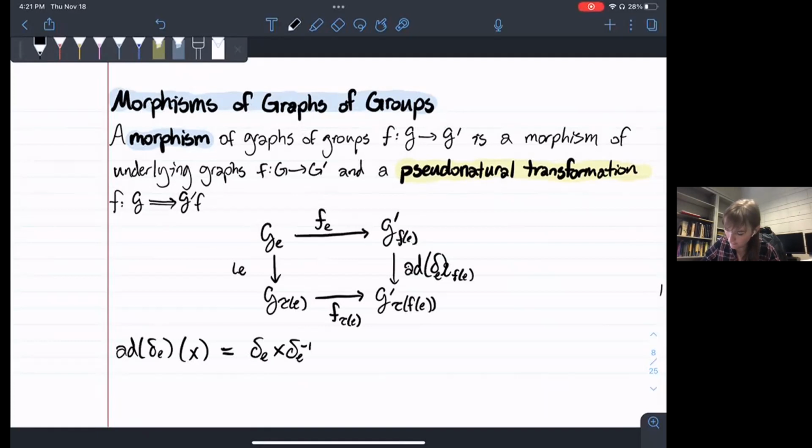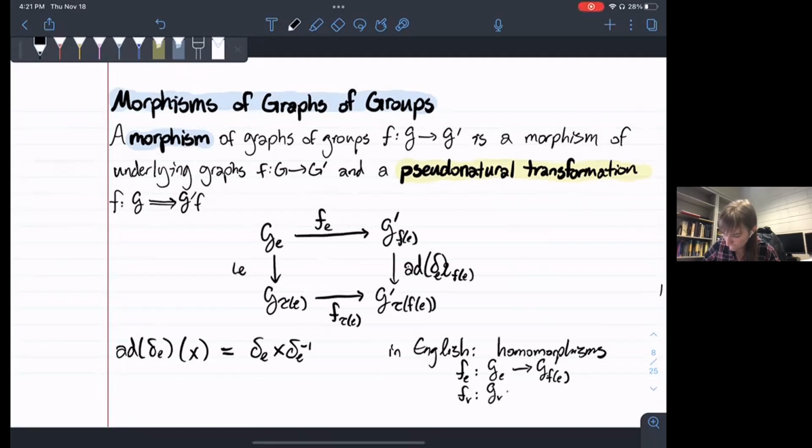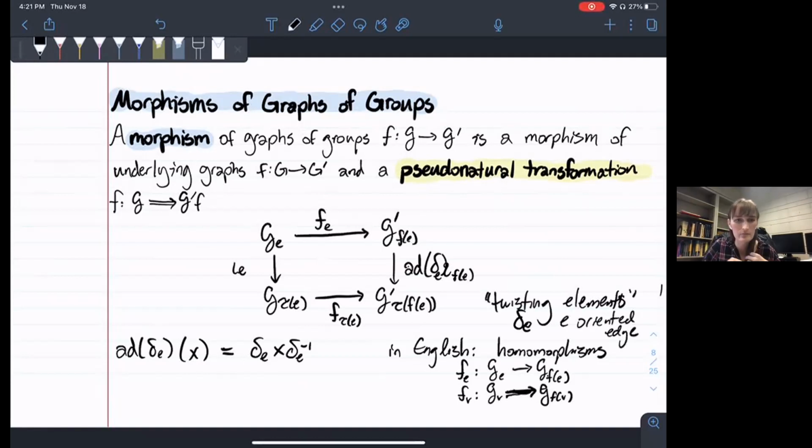So in other words, in English, there are homomorphisms from edge groups and from vertex groups, and there are these twisting elements, delta E, for each oriented edge E of the graph of groups.